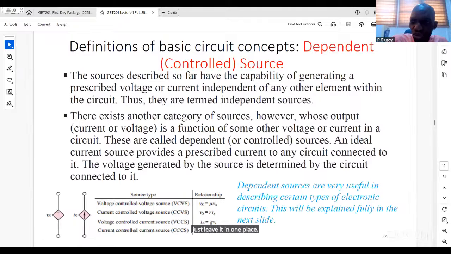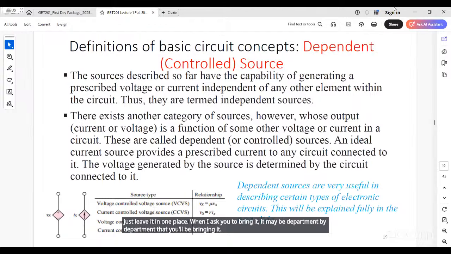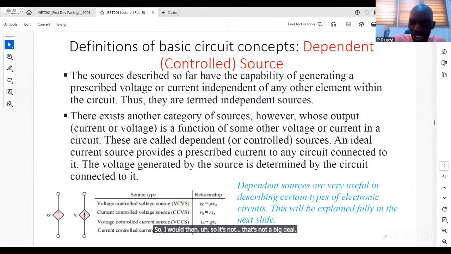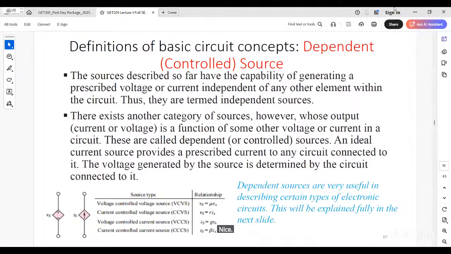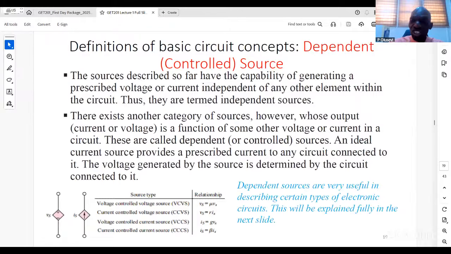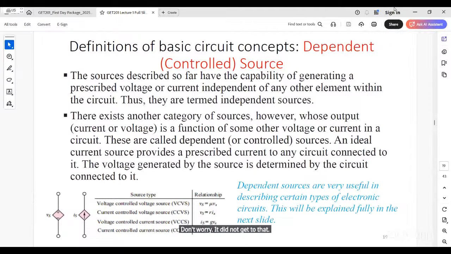When I ask you to bring it, it may be department by department. I'm not going to keep your note with me. I understand what you are saying, so that when you need your note, you don't begin to look around. Thank you, sir.